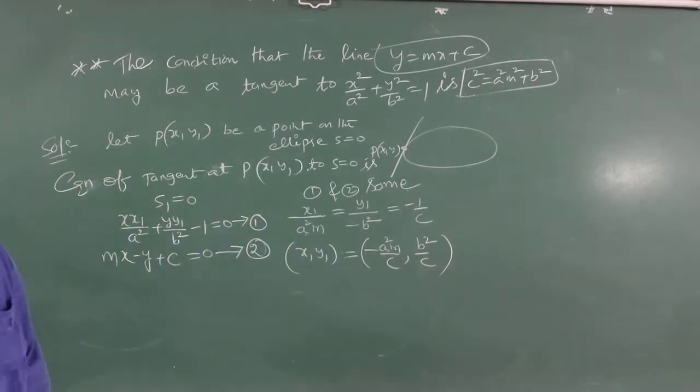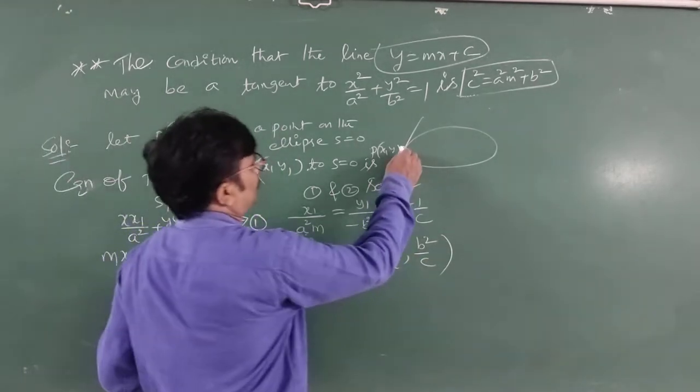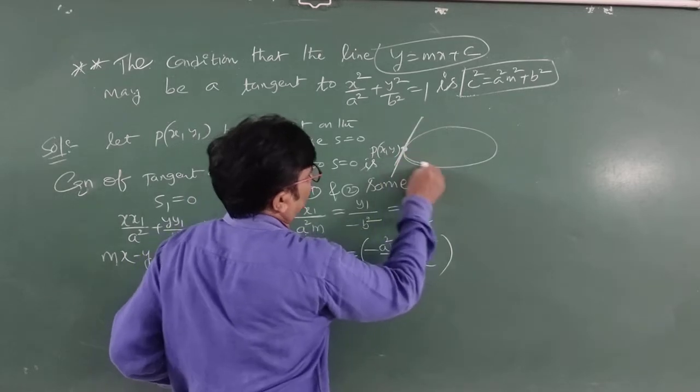So students, the point P(x1, y1) is a point on the line and the ellipse.